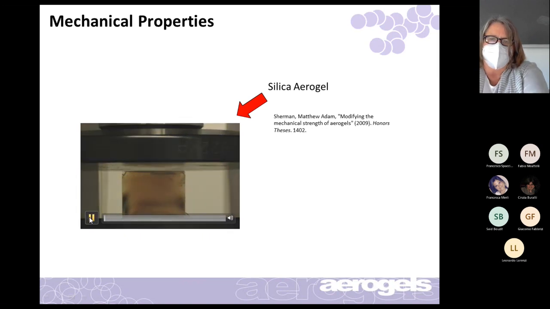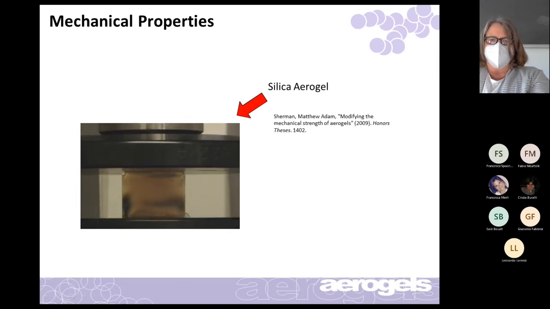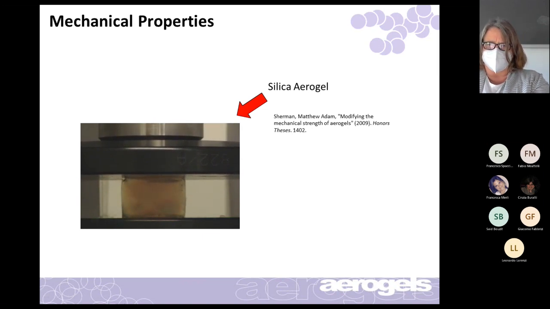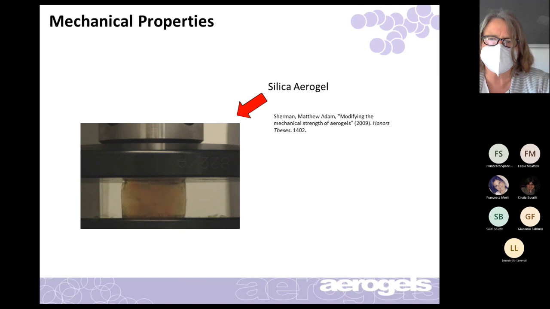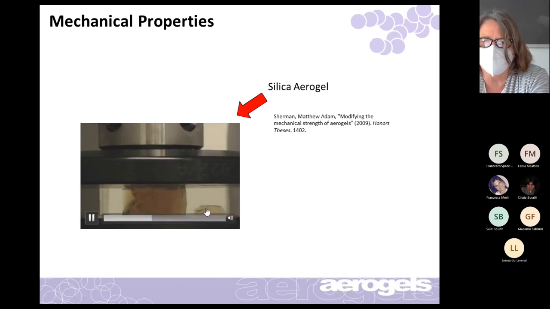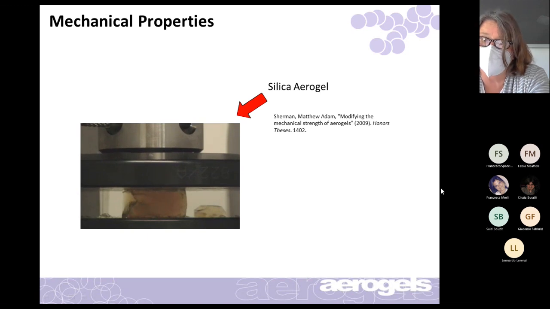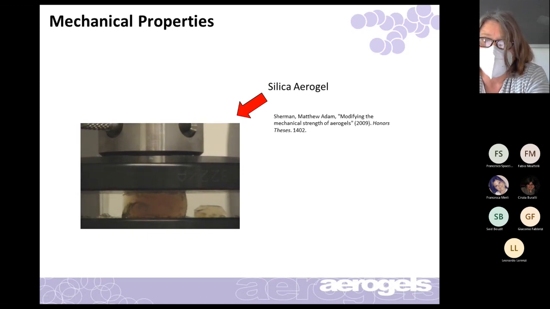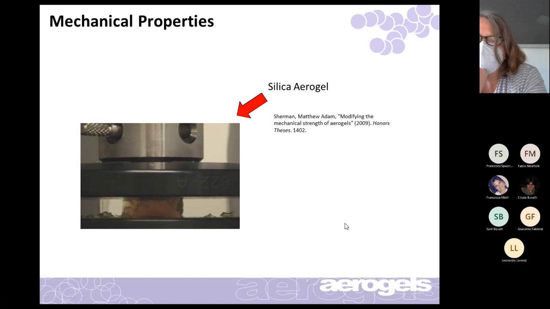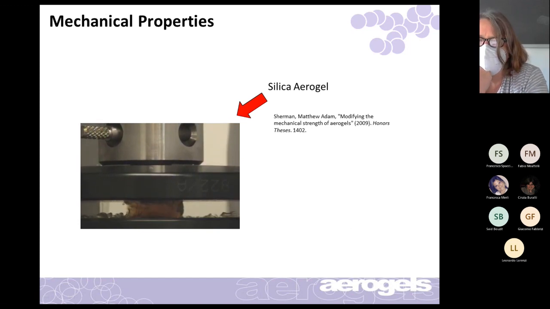I think we're probably applying around 5,000 pounds, 5,000 newtons. So you see it crushes, and then it starts to break off. Pieces chip away. It's still there, and it's getting denser. You can look at the color. But it chips and chips. It is not particularly strong.